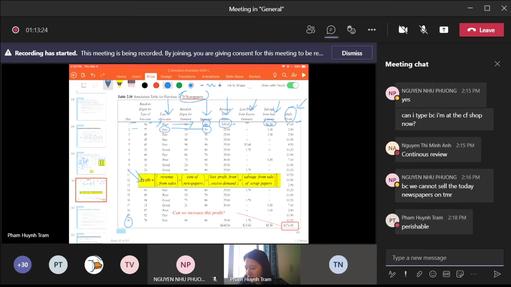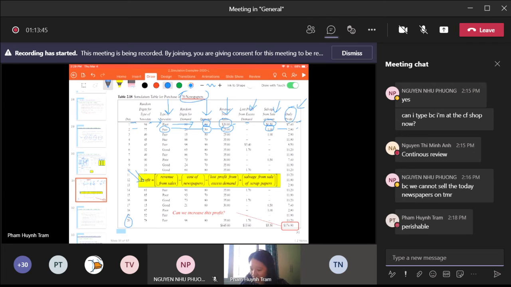The revenue from 50 newspapers sold is $25, and the salvage for the 20 newspapers that we cannot sell is $1. So the profit of day two is only $2.9.